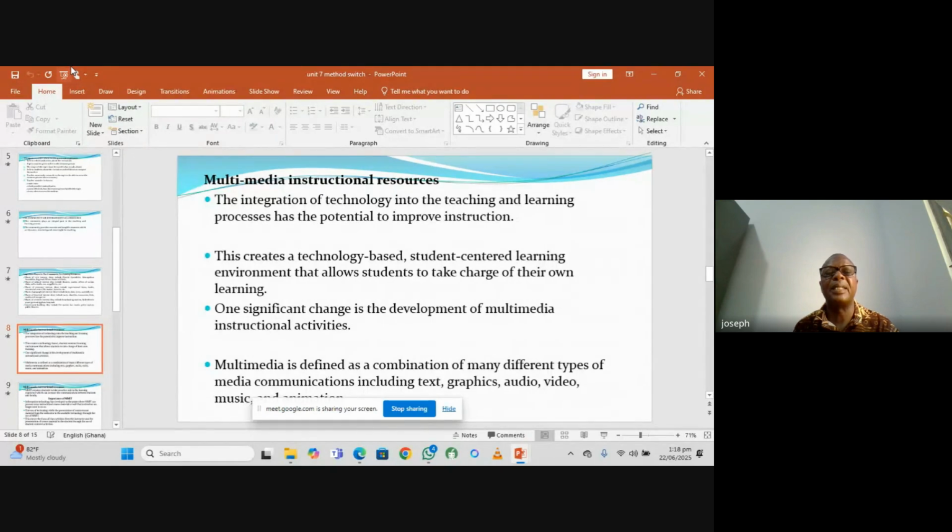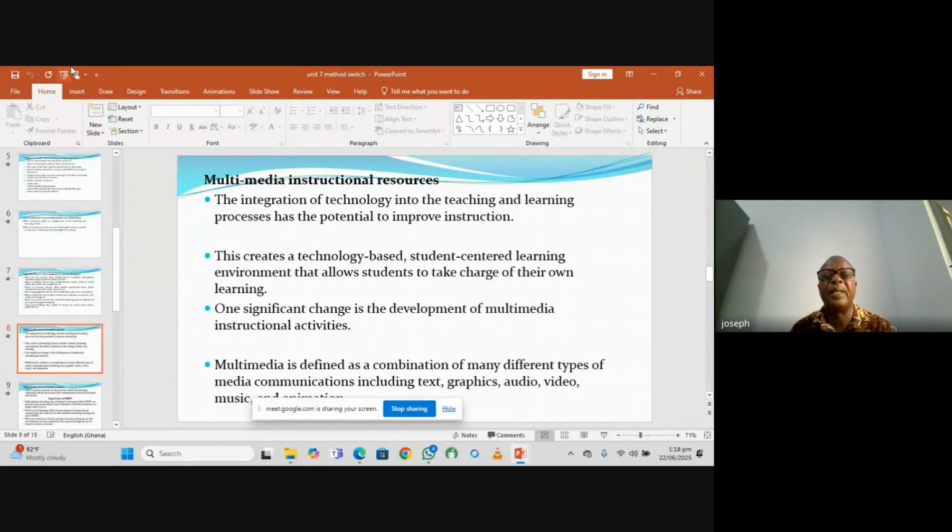One significant change in the development of multimedia instructional activity is very important because learners will have access to a lot of information that they will learn on their own, and it will help them as students searching for information.